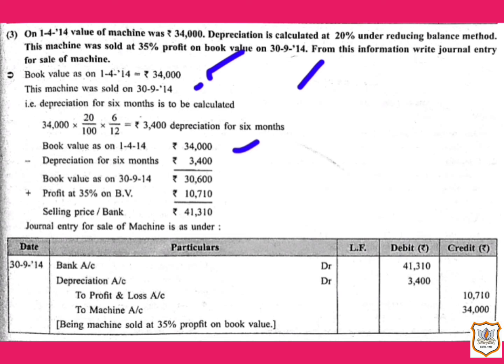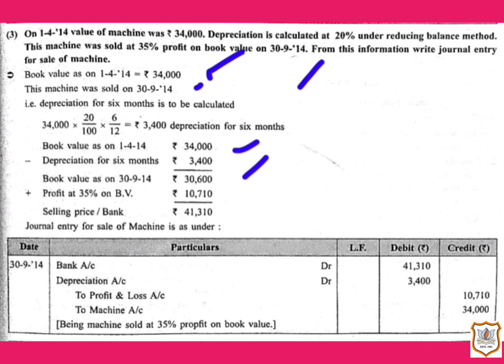Depreciation for 6 months is 3,400, and if we deduct it, we will get book value as on 30 September 2014, that comes to 30,600.